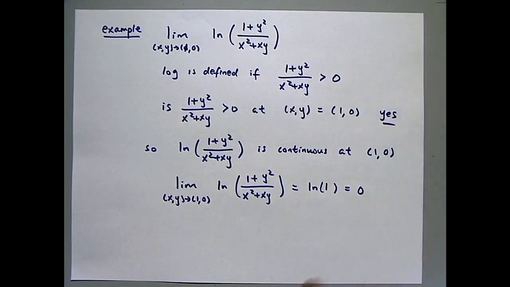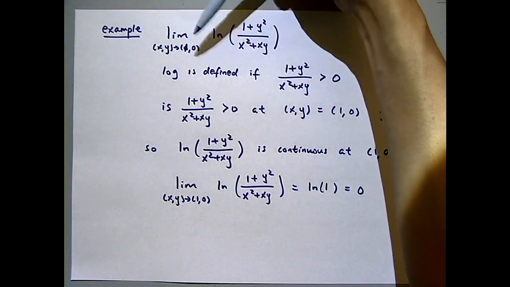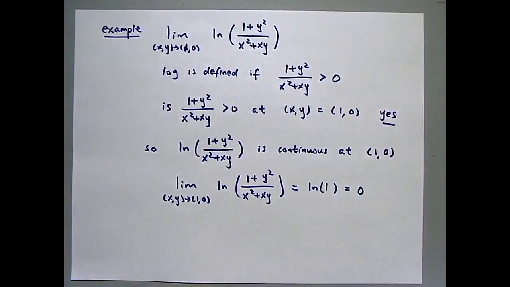All right, so in our last 3 examples, we're very simply putting in a point. Keep in mind, however, even though we substitute the point directly in, we are still not letting x and y be exactly equal to 1, 0, for example. We're letting them get really close to it.